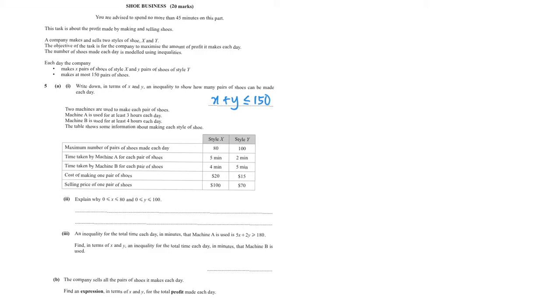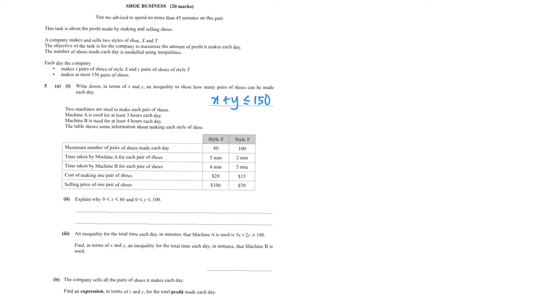Okay, next part. Explain why X is between 0 and 80 and Y between 0 and 100. Again, what are X and Y actually? So have a look up here. X is pairs of shoes, so number of shoes. Can we have 0 number of shoes? Yes, we can, but we cannot have a negative number of shoes.